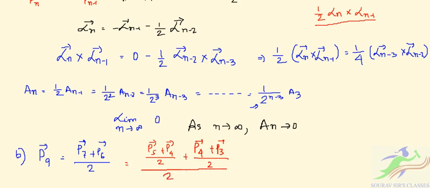Divided whole by 2, it will simplify as P5 plus twice P4 plus P3 divided by 4.